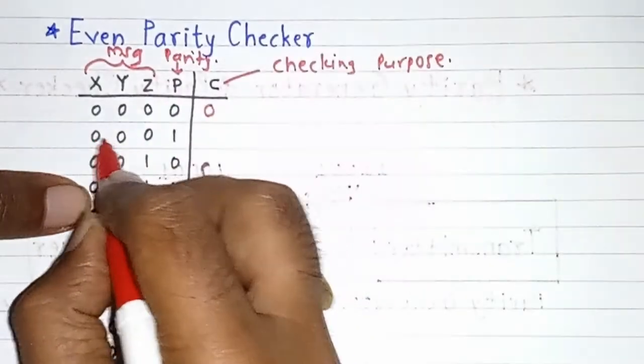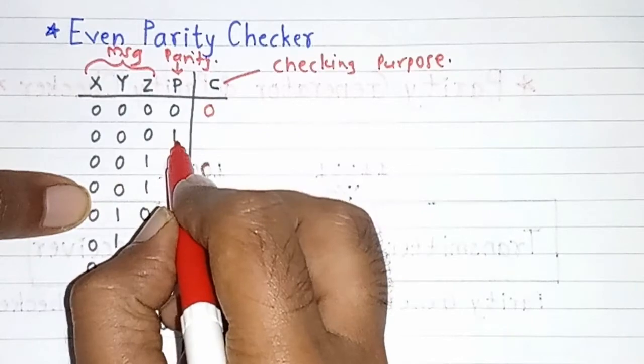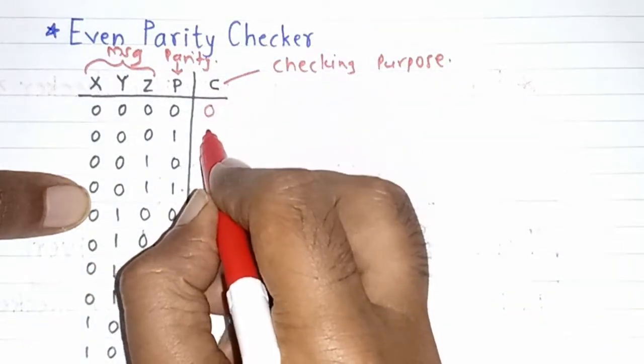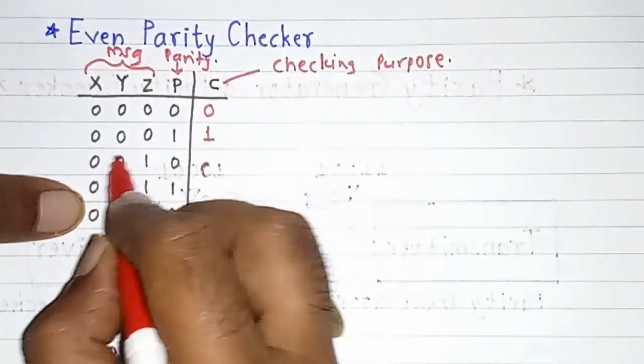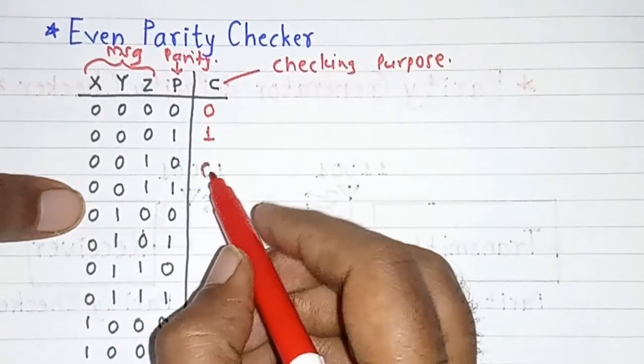Here in this second combination the number of ones is odd, so the C bit will become 1. That means for an odd number of ones C will be 1, and for an even number of ones C will be 0.